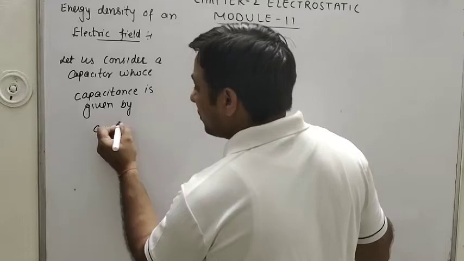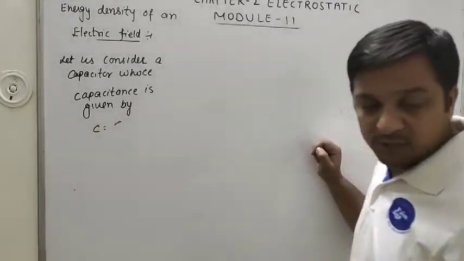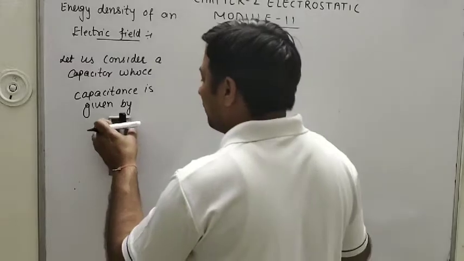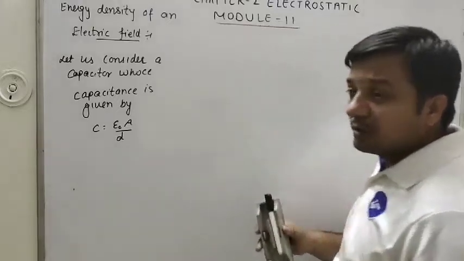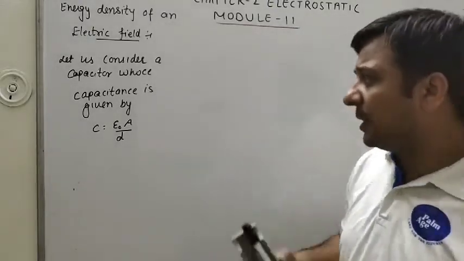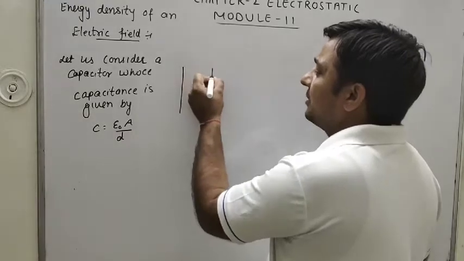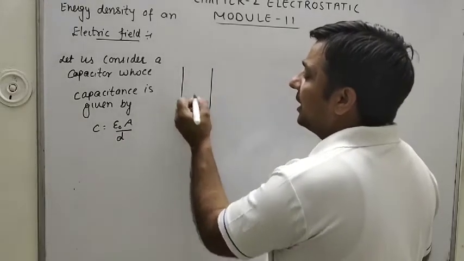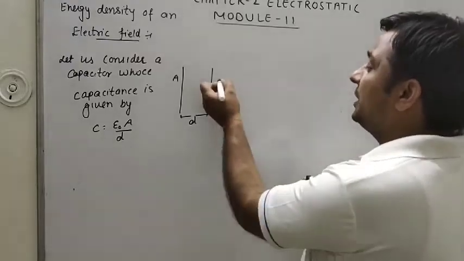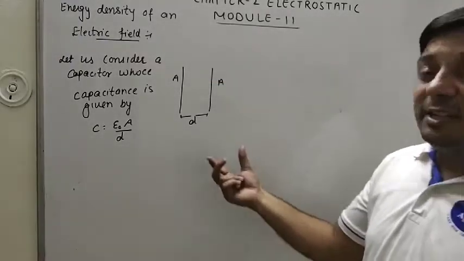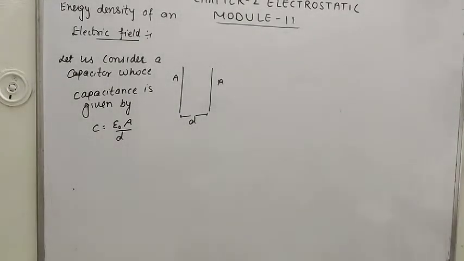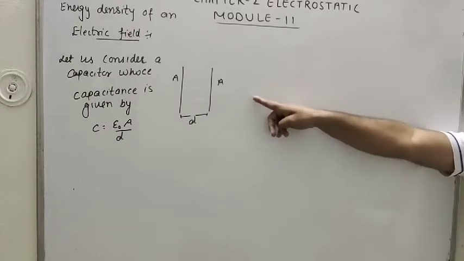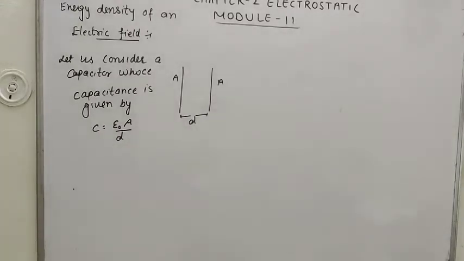C is equal to epsilon naught A by D. D is the distance between the plates. This is the capacitor, this is the gap D, and A will be the area of each plate. There are two plates. This is the distance between the plates, and also in the previous lecture we described the formula of a parallel plate capacitor, which is given by C is equal to epsilon naught A by D. Right?